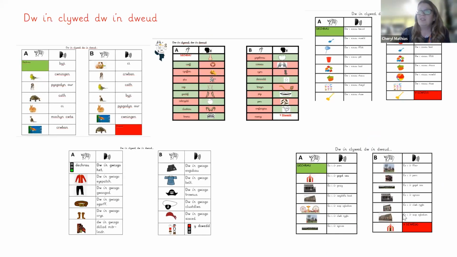Other games that the children love playing. It does take time to make, but once you've got them, you've got them. Dwi'n clywed, dwi'n dweud. They can work in partners or in a team. Put your desired vocabulary or your sentences on there, and say team A would start, they'd say something, and team B would be listening.